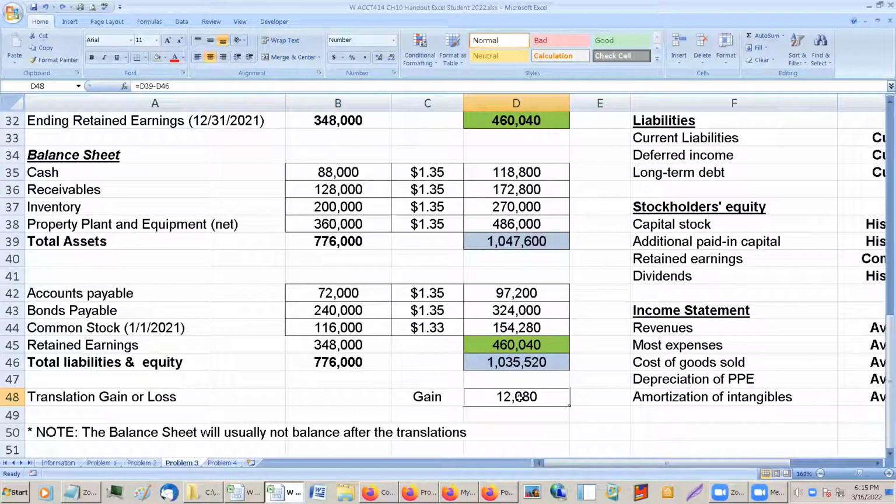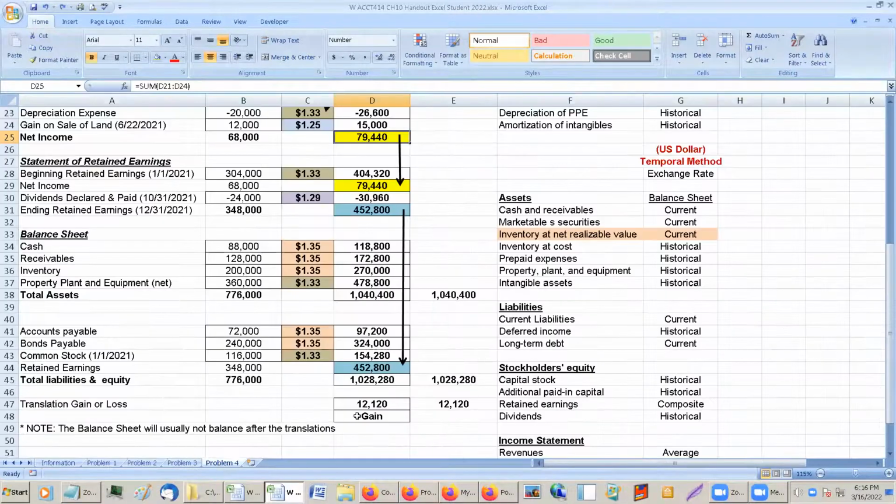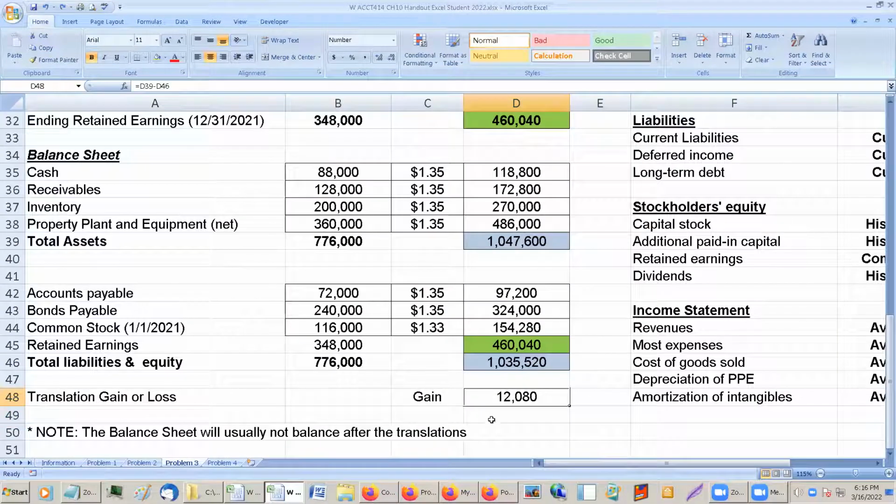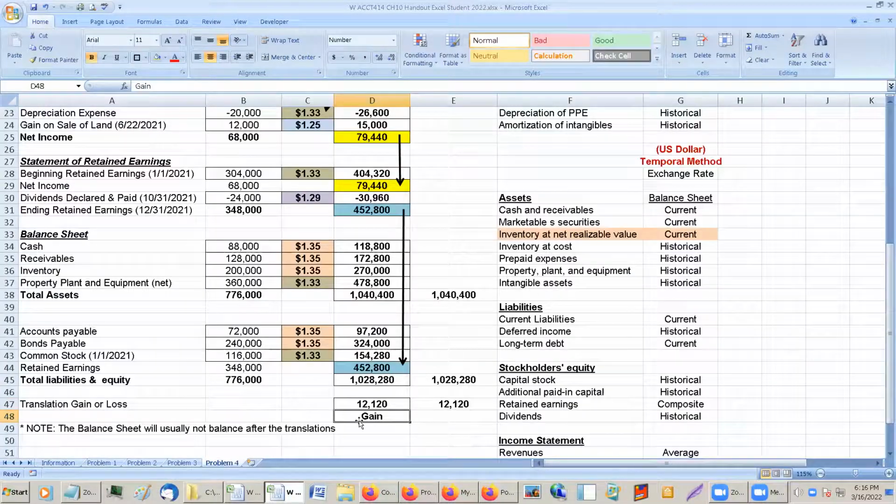And this gain would be picked up as comprehensive income. This would be comprehensive income. This one would be in net income. This would be a plain old gain.